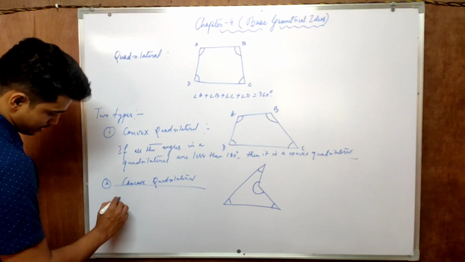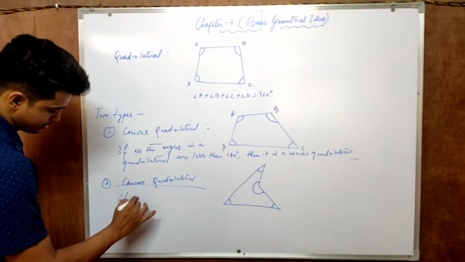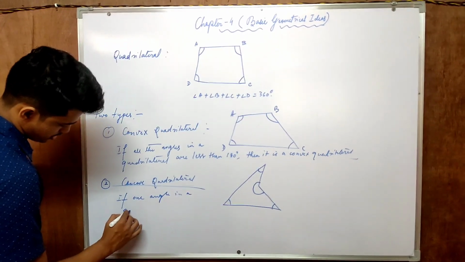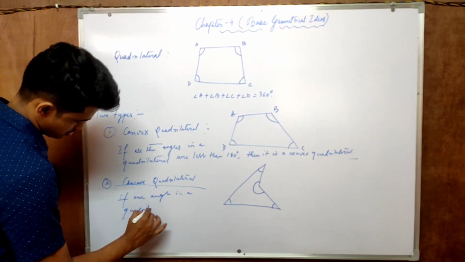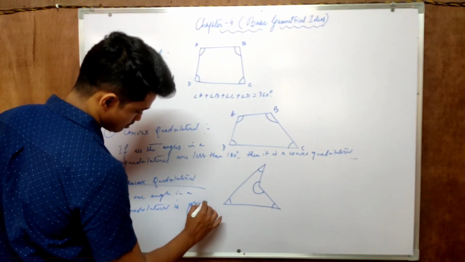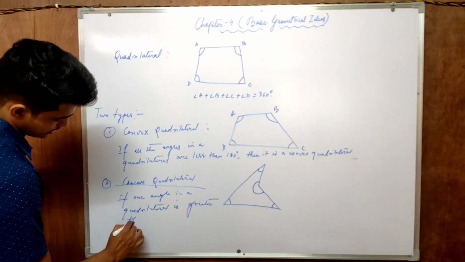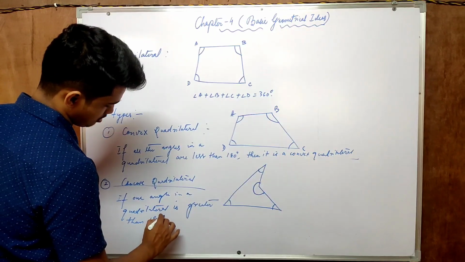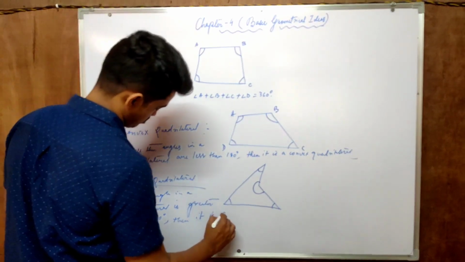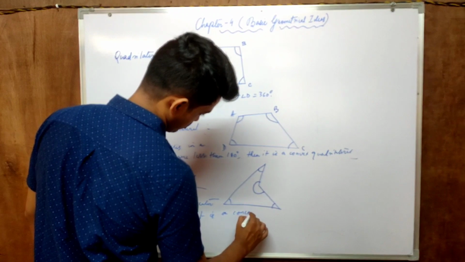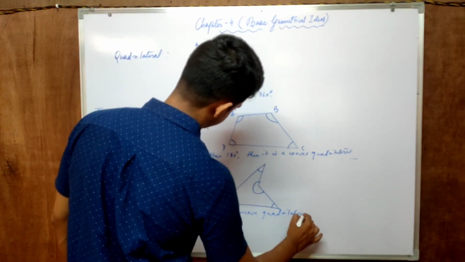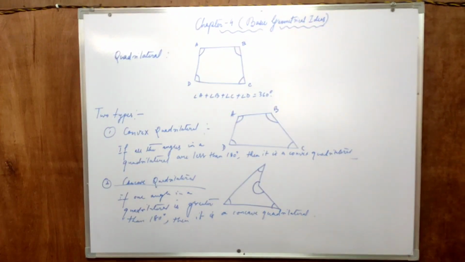So the definition is, if one angle in a quadrilateral is greater than 180 degrees, then it is a concave quadrilateral. All right, done up to this.